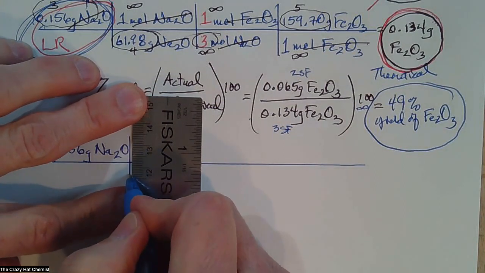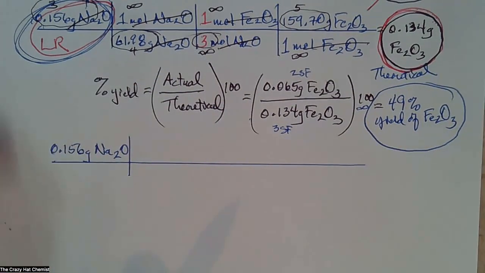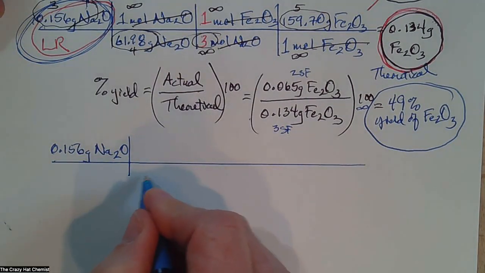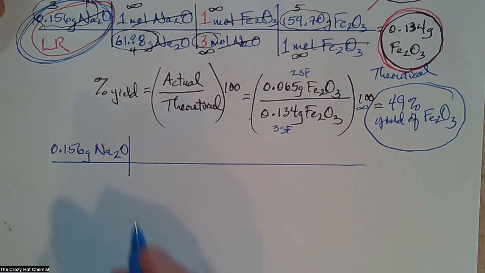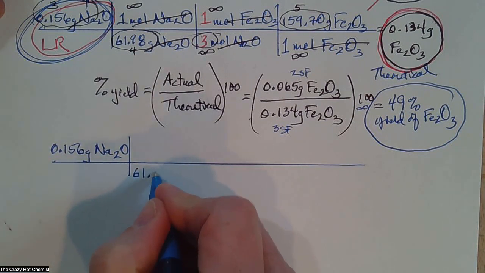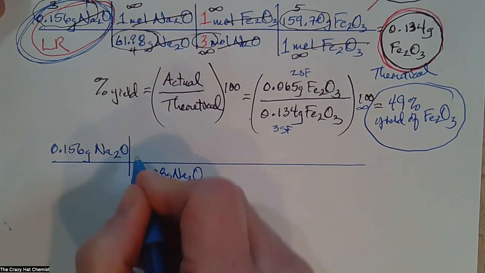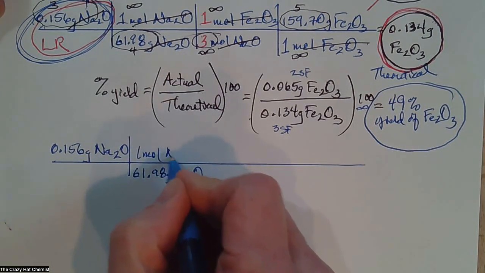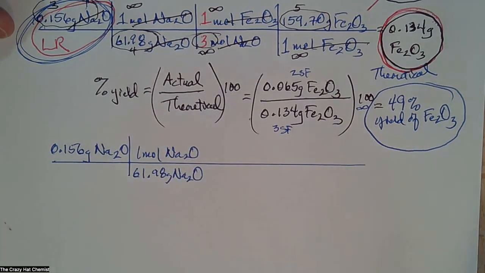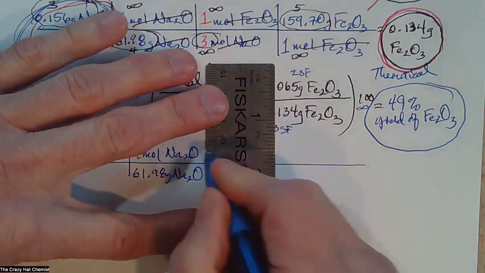That's my first step in figuring out how much of this one in excess remains. Okay, and I've already done all these calculations of molar masses. So this is 61.98 grams of Na2O. That's equal to 1 mole of Na2O. Here's my vertical stop in between these.